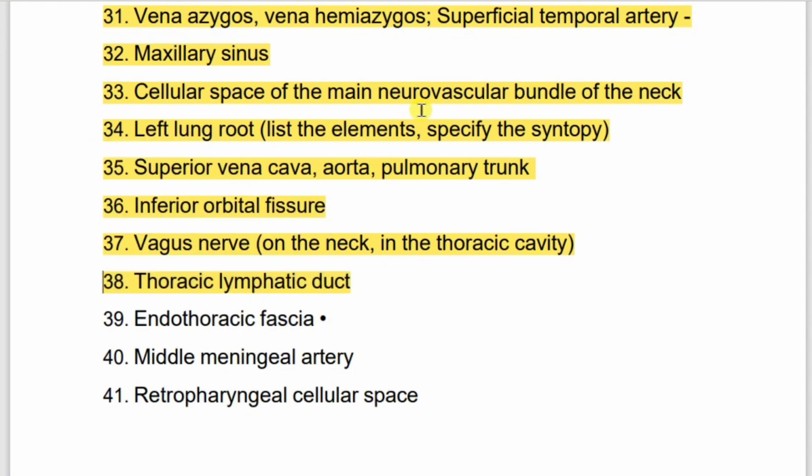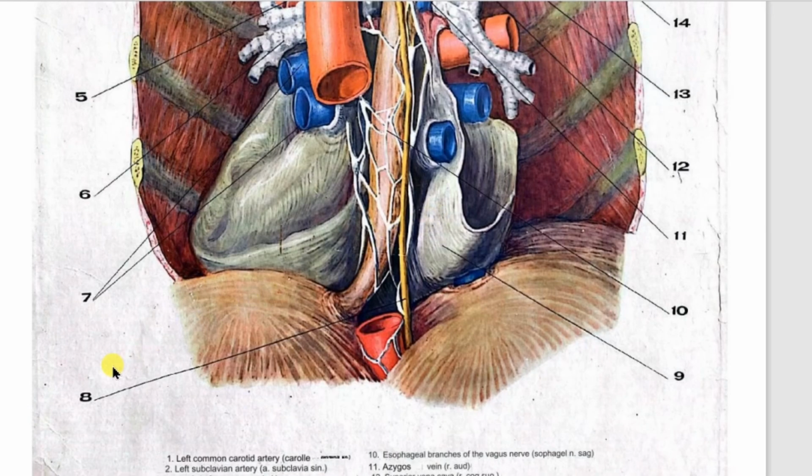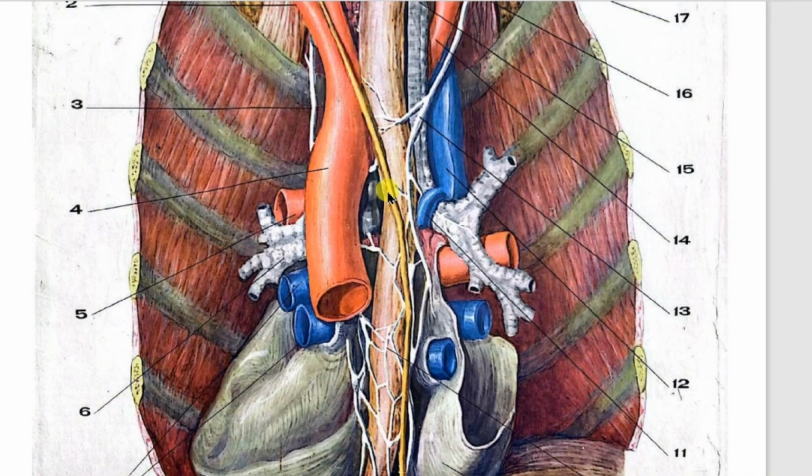In which area can we find it? In the thoracic region. Guys, here is our thoracic lymph duct. As you can see, it's going up. This is the thoracic lymph duct in yellow color. It's also called Van Horne's canal.